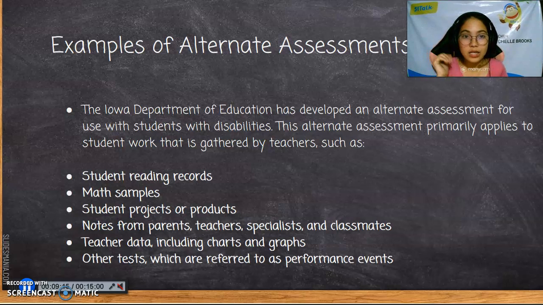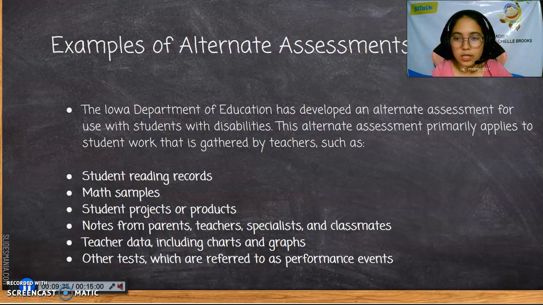Okay, these are the examples of alternate assessment. This is just based on my research. The Iowa Department of Education has developed an alternate assessment for use with students with disabilities.